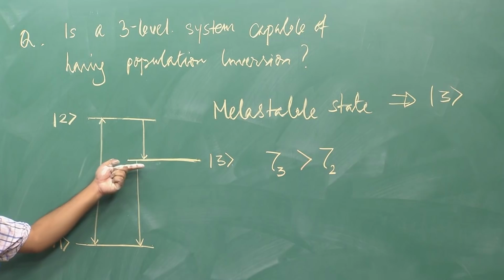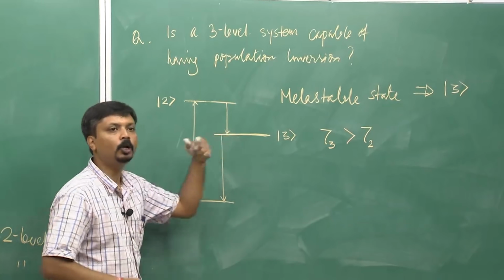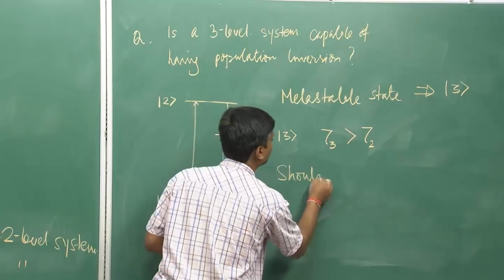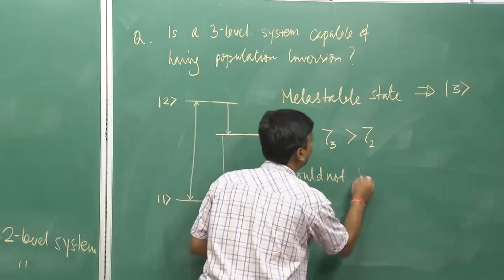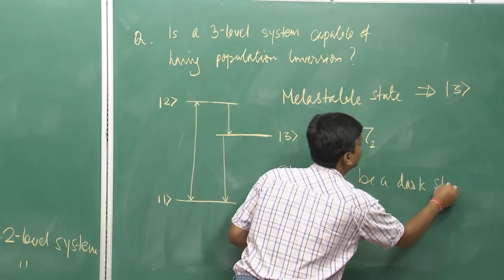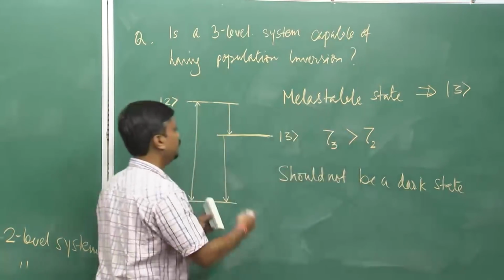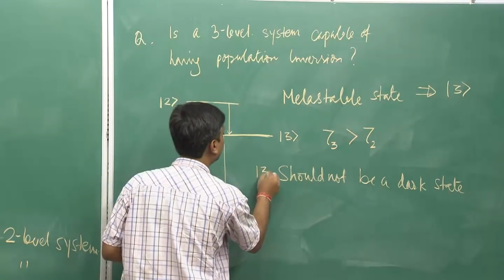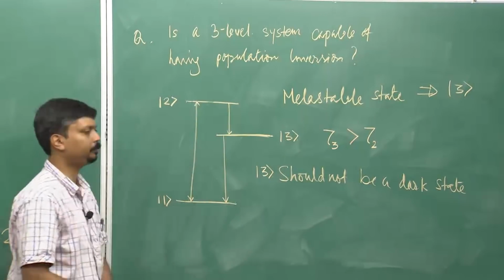And also this state 3 should not be a dark state. It should be able to emit radiatively. Okay. So, state 3 should not be a dark state.